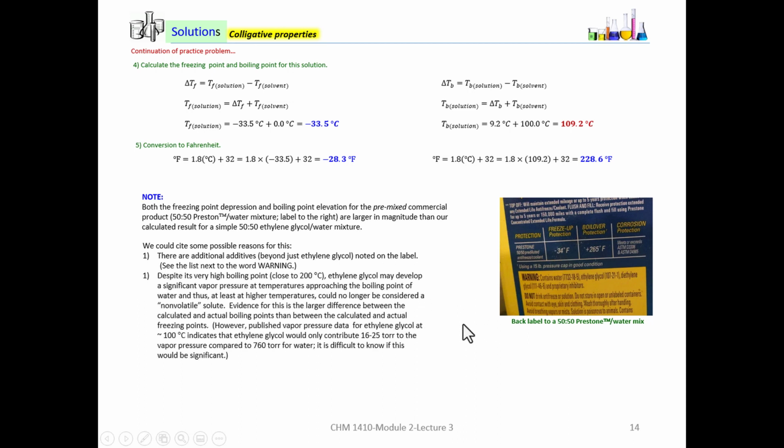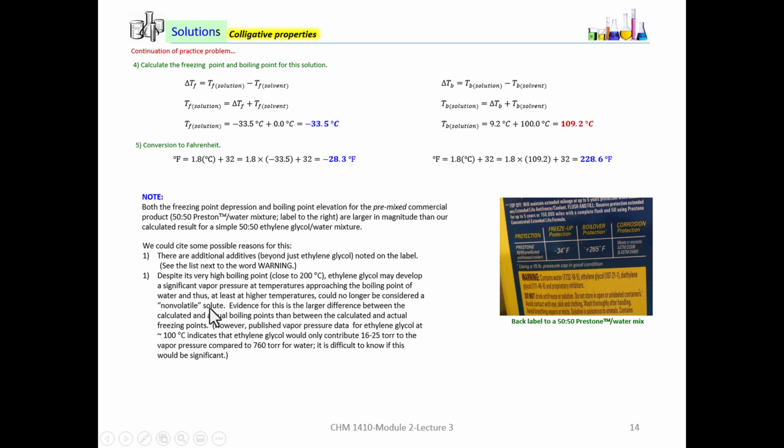And the other reason might be, although this reasoning is a little bit flimsy, but I'm going to present it anyway, despite its very high boiling point, close to 200 degrees C, ethylene glycol at higher temperatures may develop a significant vapor pressure when we reached close to the boiling point of water, and then maybe at these higher temperatures it could no longer be considered a non-volatile solute.